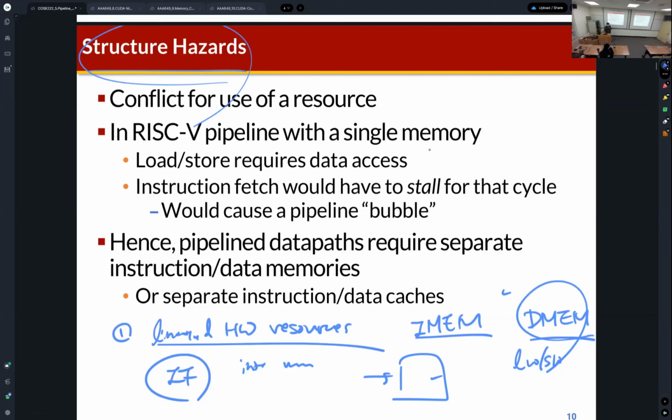So what's the problem? If the load or store instructions are executed, then this load word or store word needs to access memory twice, right? Firstly, we need to read the instruction from memory, and then the store word or load word needs to access the memory.